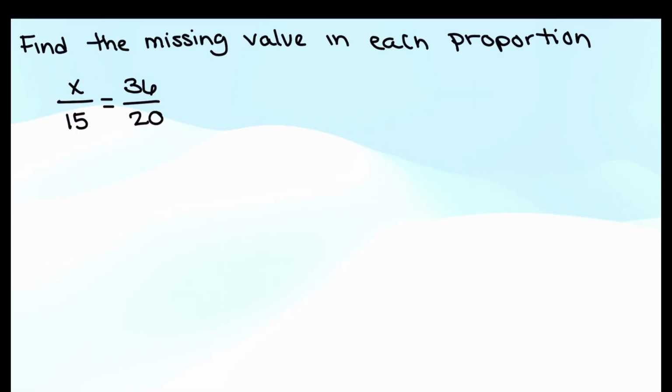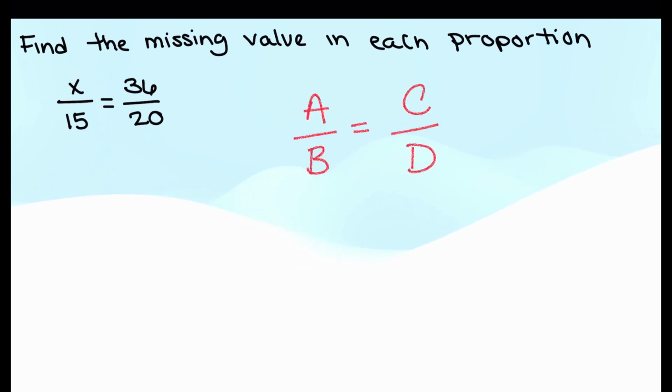Here's an example. Find the missing value in each proportion. So I have the statement x is to 15 as 36 is to 20. I want to figure out what x is. I'm going to start by setting my cross products equal.